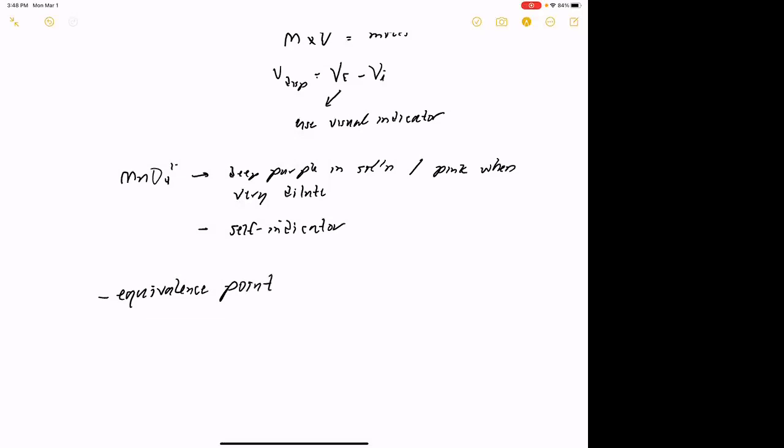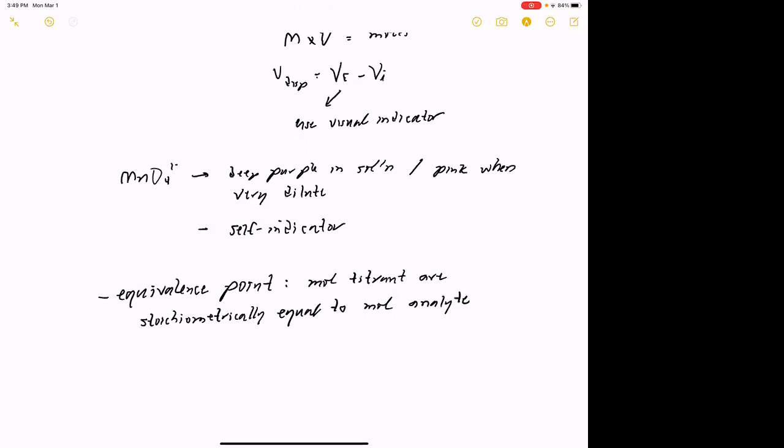I want the equivalence point. Now, what the equivalence point represents is when the moles of titrant are stoichiometrically equal to the moles of the analyte in the solution.